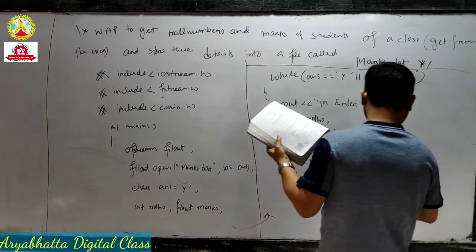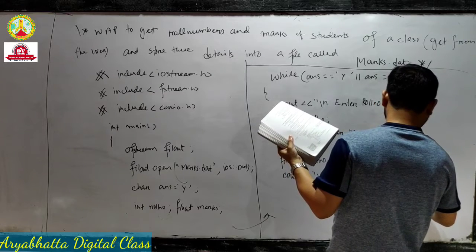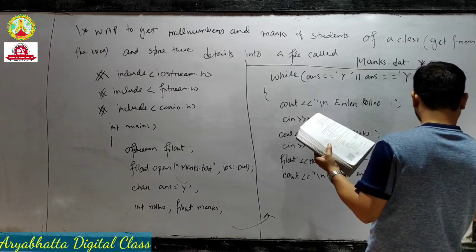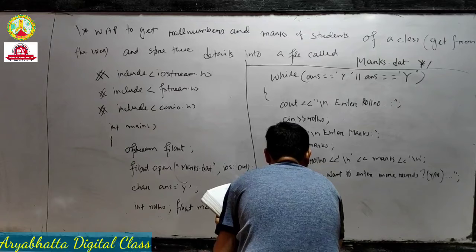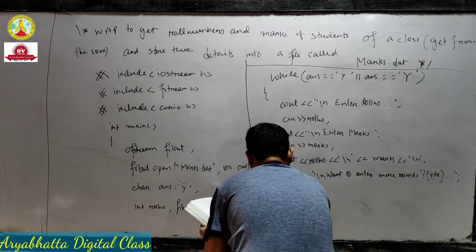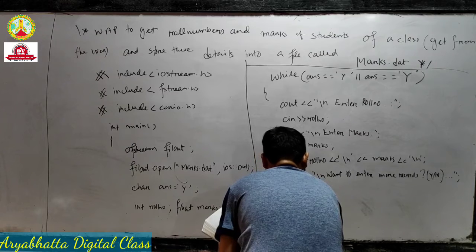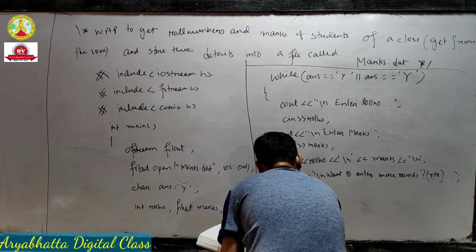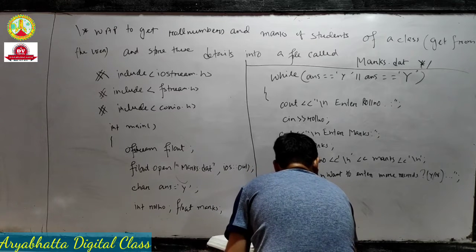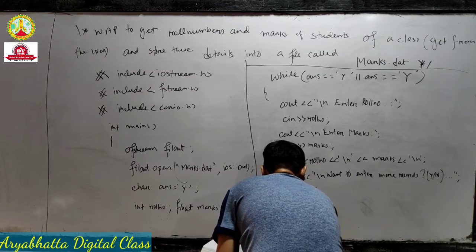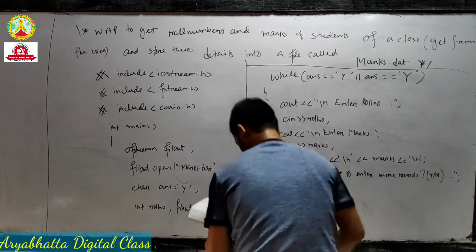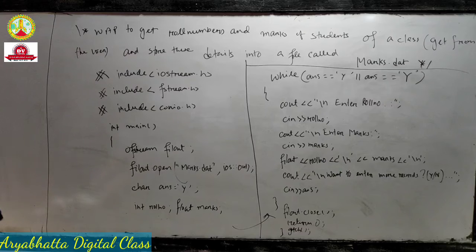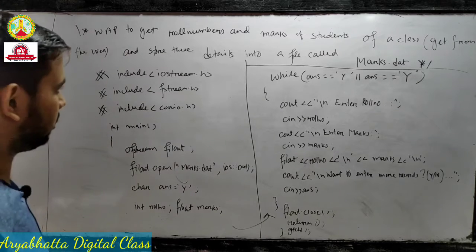Want to enter more records, yes or no? And last we have to close the file, right? Return 0, and last is getch, getch for displaying the output, right? You write down.